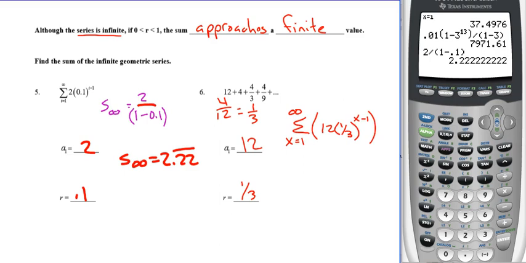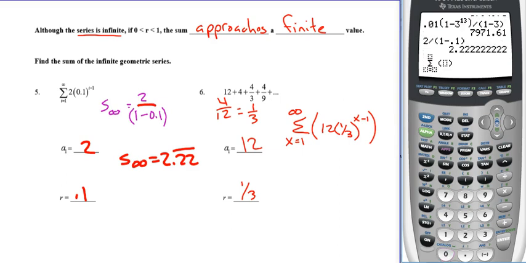So let's do math 0, and we'll do x equals 1. We'll do 99, and then 12, start a parenthesis, 1 divided by 3, raised to the x minus 1.